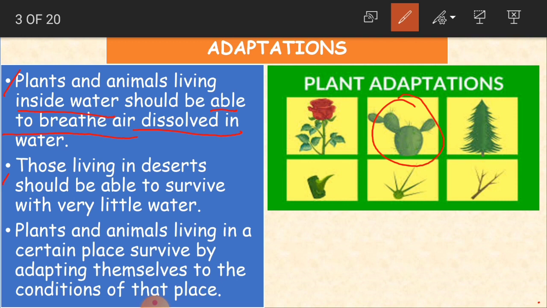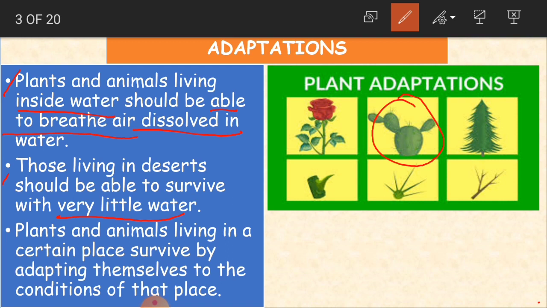These plants which live in deserts survive with very little water. In deserts we don't have water, but still these plants are able to live there. How? Whatever water they get, they store in their stems. Like that, they are able to live there with very little water, making themselves comfortable with that hot, desert climate.